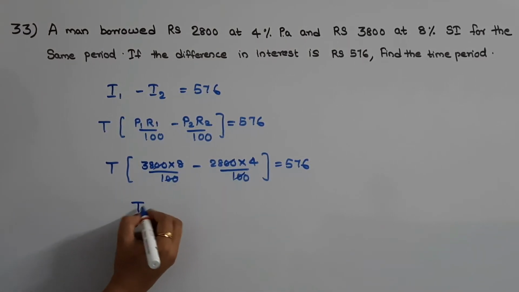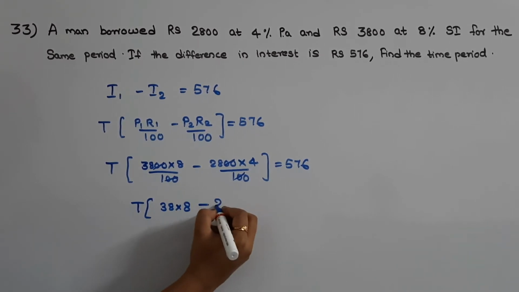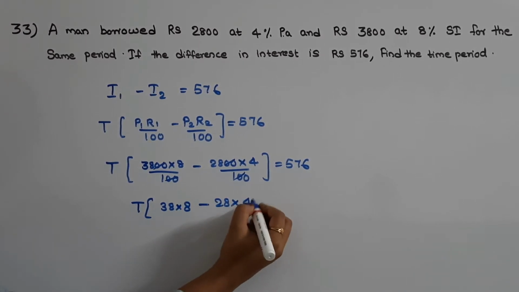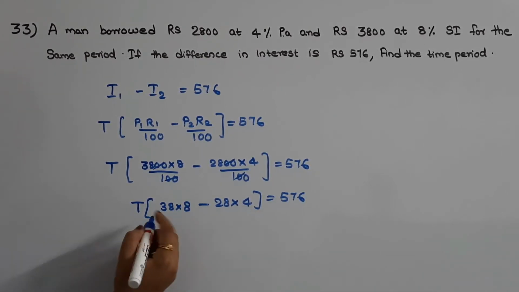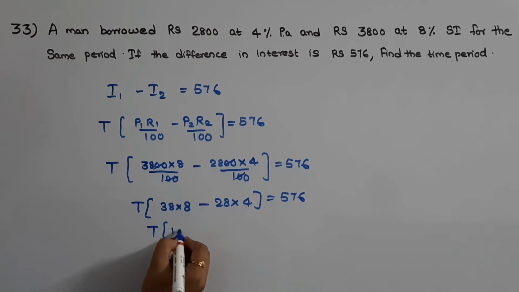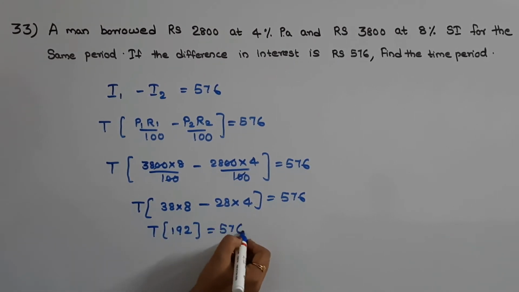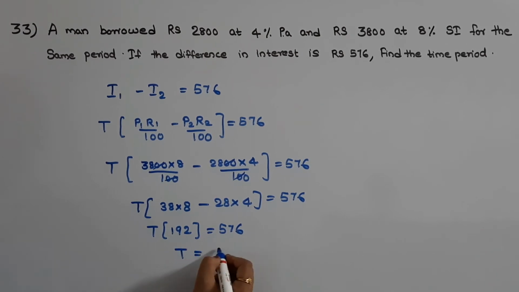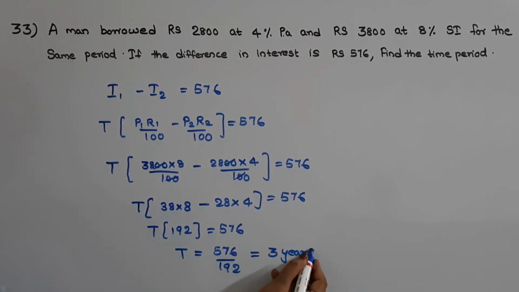That is T into (38 into 8 minus 28 into 4) is equal to 576. On solving this, you will get 192. So, T into 192 is equal to 576. Hence, the time period will be equal to 576 by 192. On dividing this, you will get the answer as 3 years. So, this is the answer.